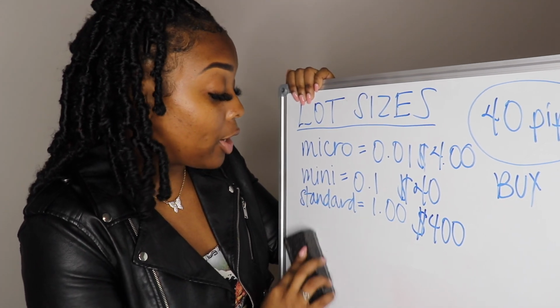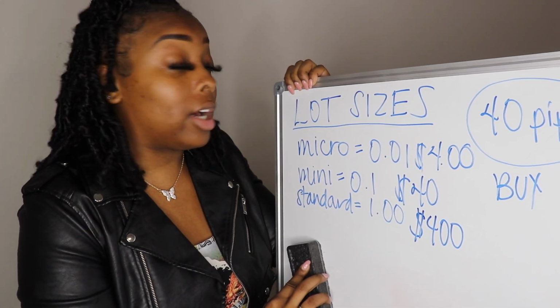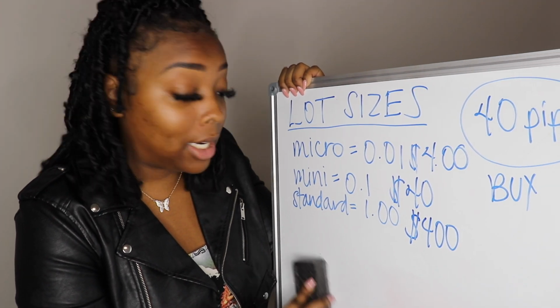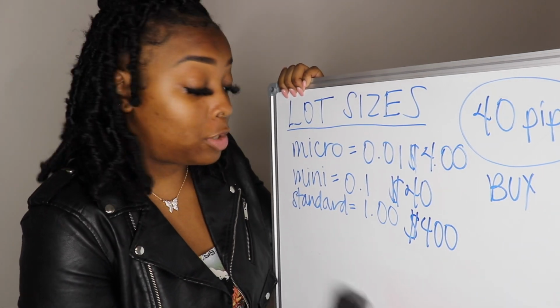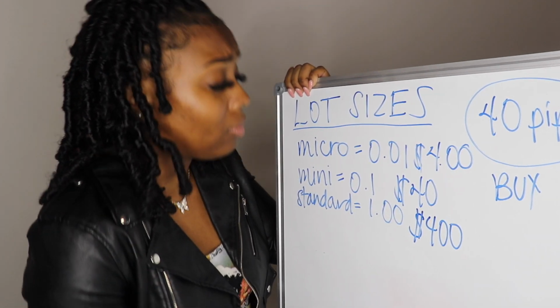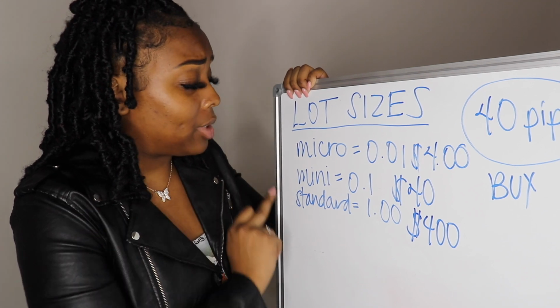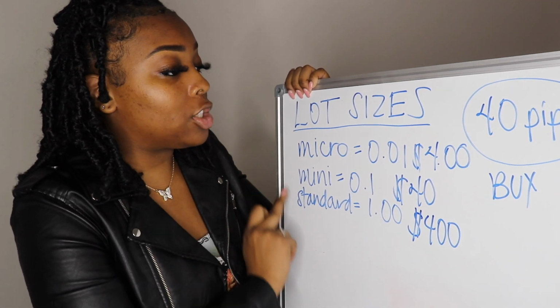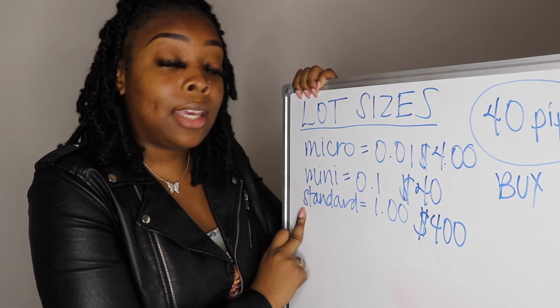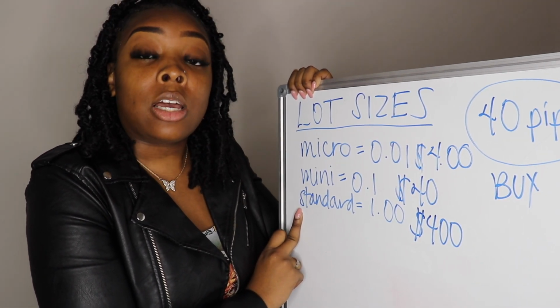If you want to go ahead and play with that money in your demo account, you can put in $100,000 of Monopoly money. Go ahead and see how that feels. But hey, yeah, that's a lot. But moving down from micro to standard, you will see the potential of what you can make. Now, like I told you guys previously, every pip is measured completely different.